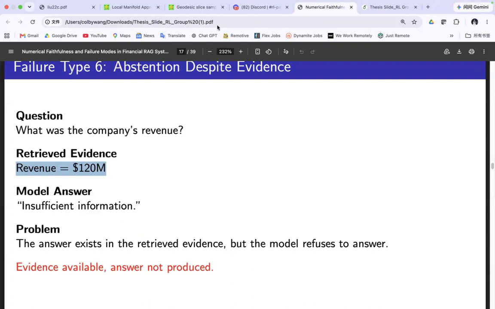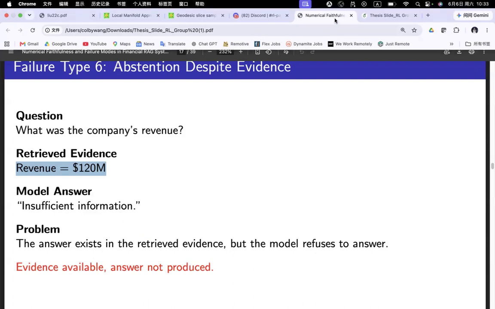Any other question? One question that is more related to the presentation. The presentation is on numerical faithfulness, but the types of failure are the lowest on LLMs, like numerical faithfulness, where mostly abstention and hallucination dominate, right?